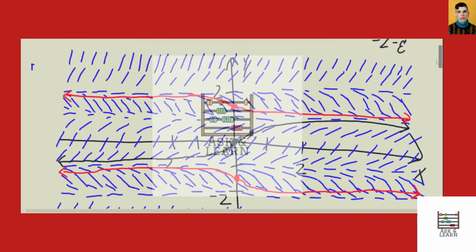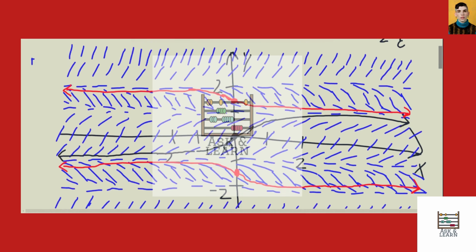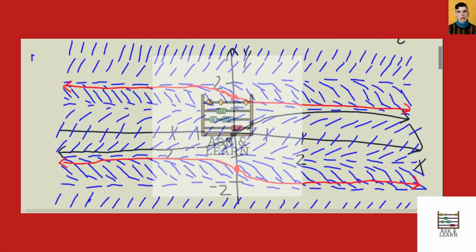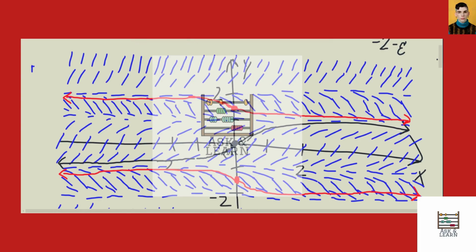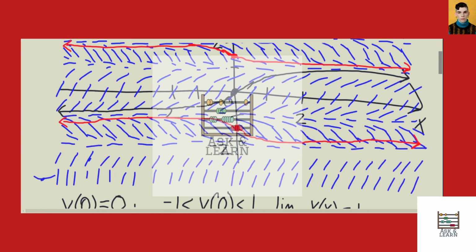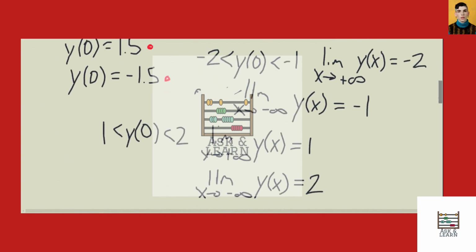And again, if we take y0 to be 2, or y0 to be -2, we end up having two more horizontal lines which both have limits trivially. One has a limit in the positive and negative directions of 2, and the other has a limit in the positive and negative directions of -2.